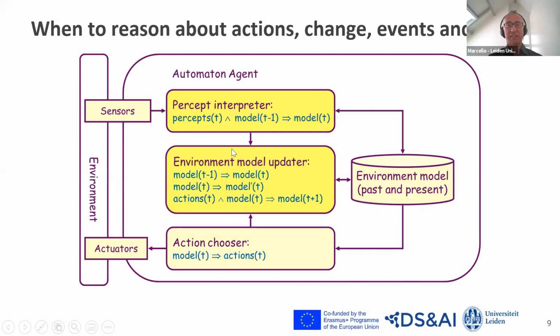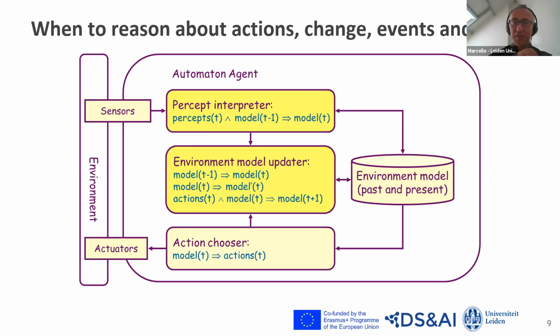And this T represents time. So you have the evolution of the state of an agent, how it works by updating the time. Once you have time T-1, you perceive the change at time T, then you can create a model for time T and so forth.